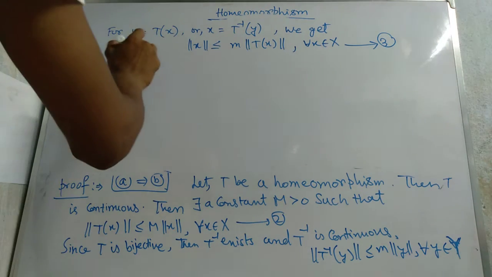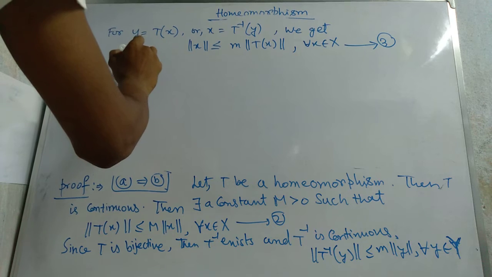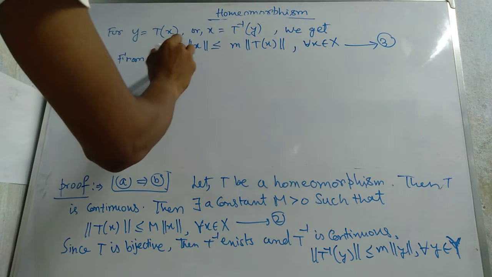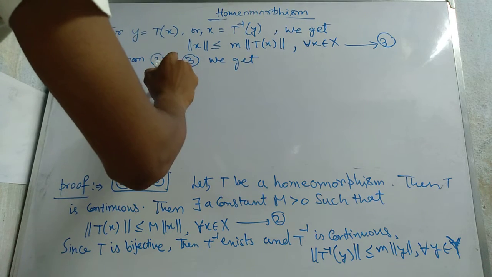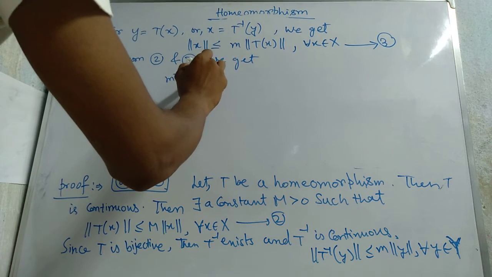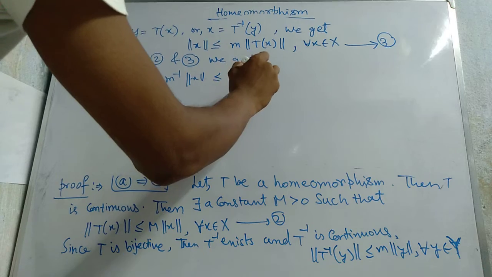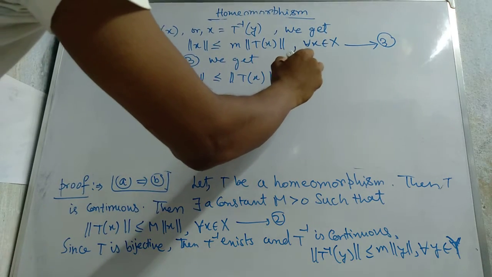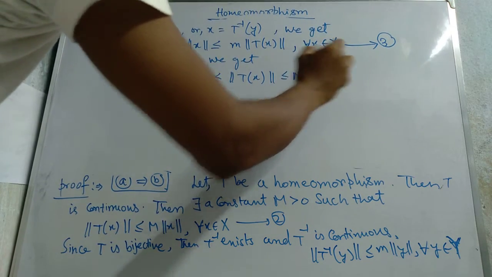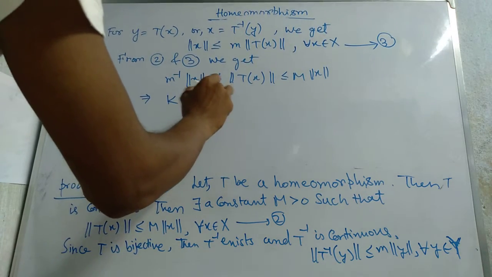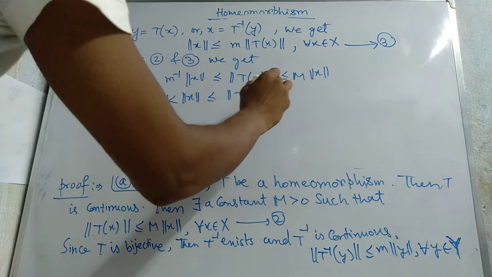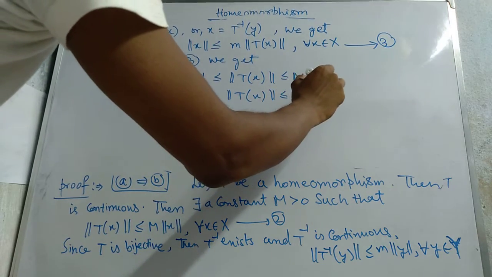So from 2 and 3 we get (1/m)‖x‖ ≤ ‖Tx‖ ≤ M‖x‖. This implies k‖x‖ ≤ ‖Tx‖ ≤ capital M‖x‖.